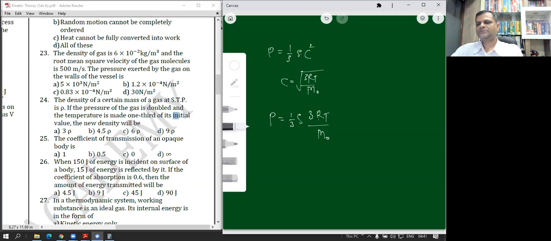So if we just transfer all the quantities to the other side here, then we get this density simply to be equal to 3 times of P into m naught upon, अच्छा 3 तो कैंसिल हो जाएगा, नो डाउट. And so this will be rho is equal to Pm naught upon RT. करेक्ट है, RT, that's it.